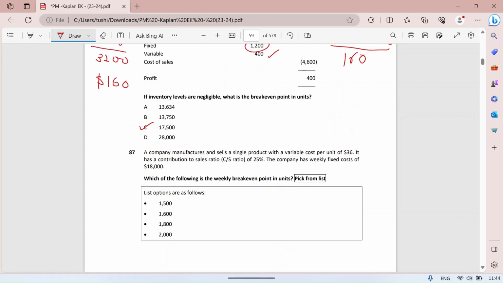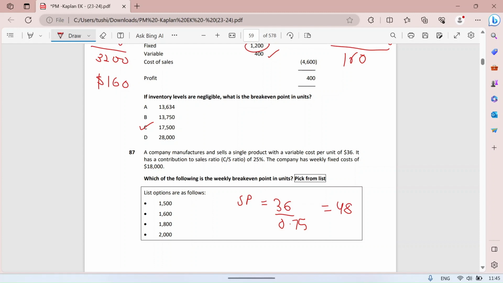CS ratio is basically what tells you how much is your contribution divided by your sales. So if I want to find out my selling price, I just divide 36 by 1 minus the CS ratio, which is 0.75, and this will give me my selling price. So my selling price is nothing but $48.